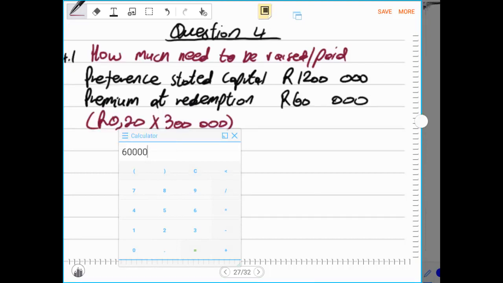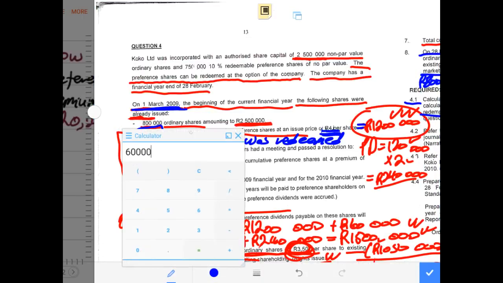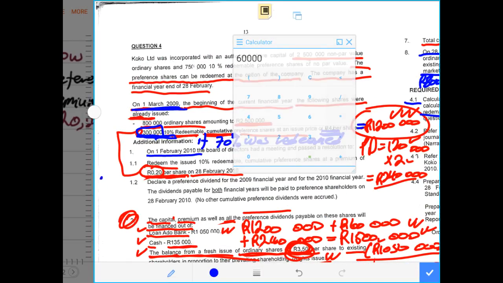So now, once again, I made mention of the fact that if this was 70%, it was going to be 840,000. I said that there could be a scenario where you will be given 5% as the premium, not in rands. And I said 5% in this case is the same as 20 cents.